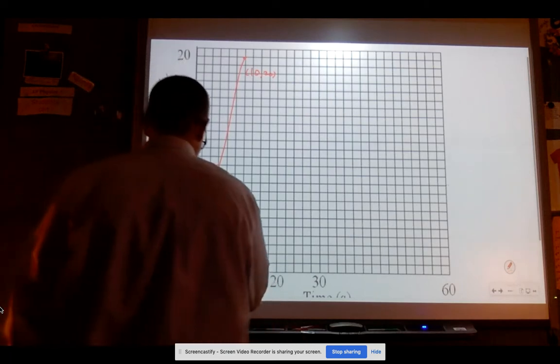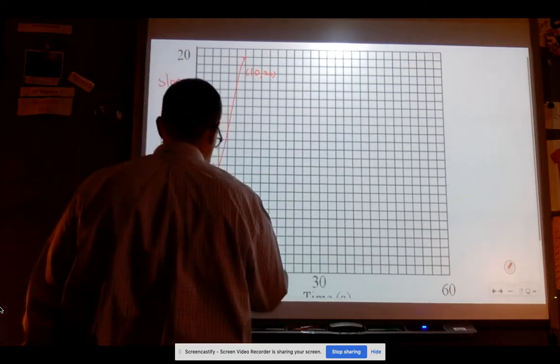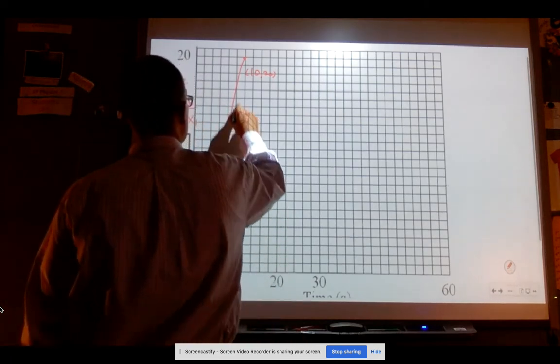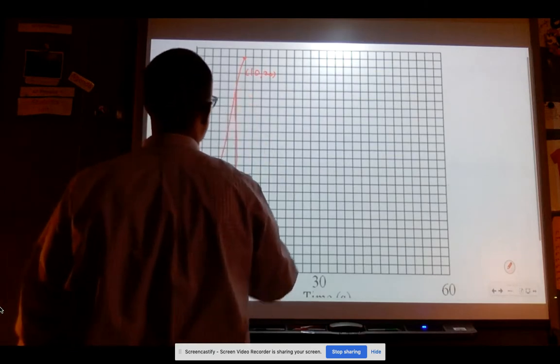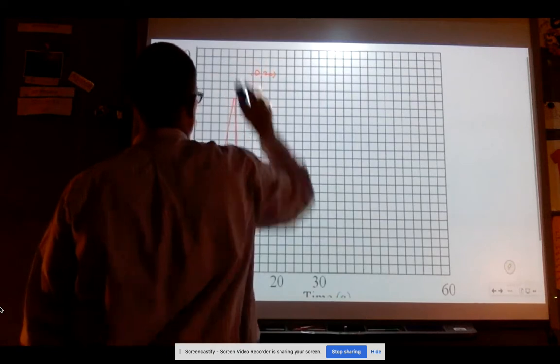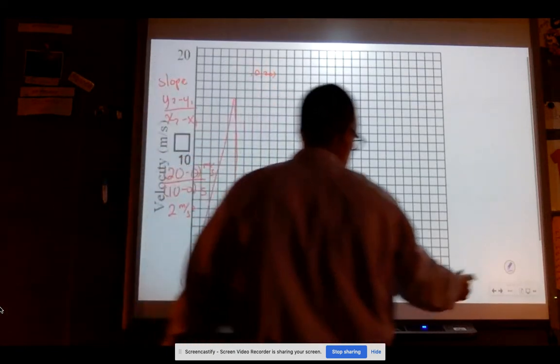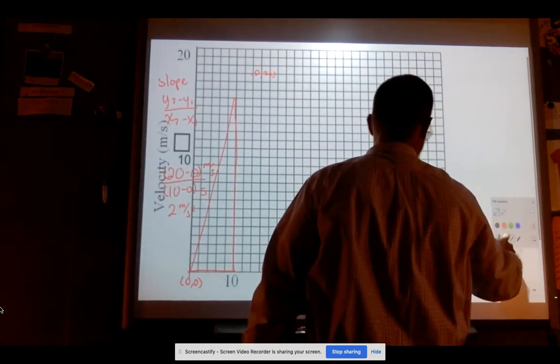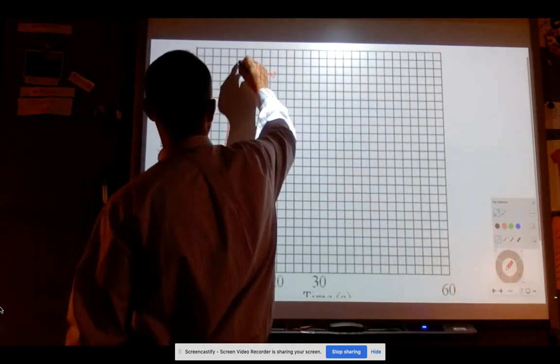So if I make this into a shape, this line should be over just a little bit. Sorry about that, guys. I was past 10 seconds.